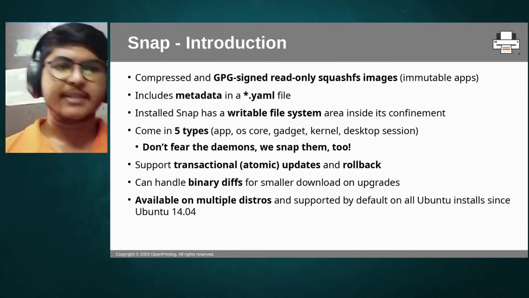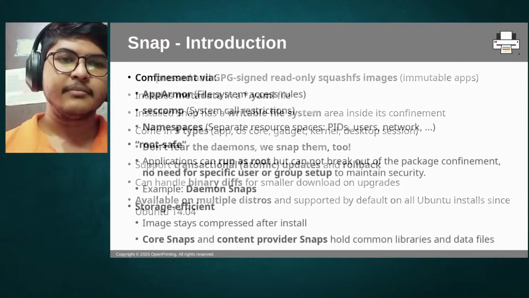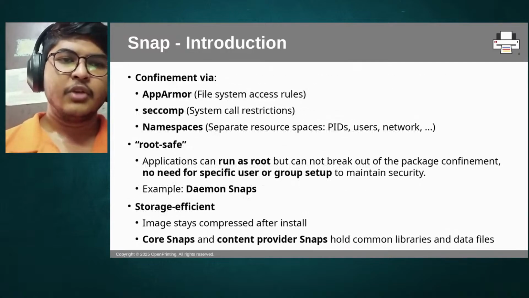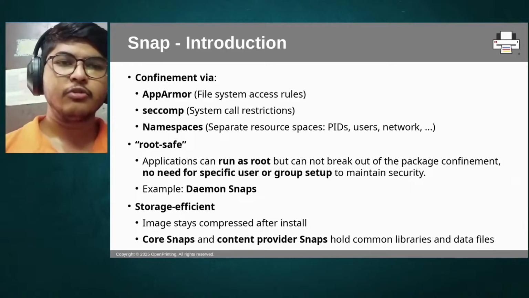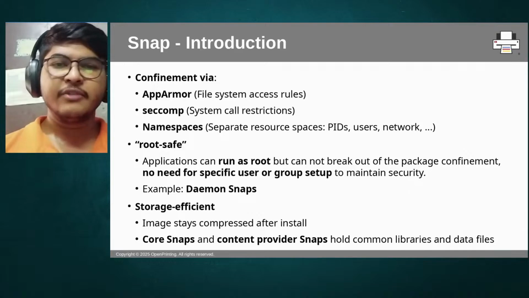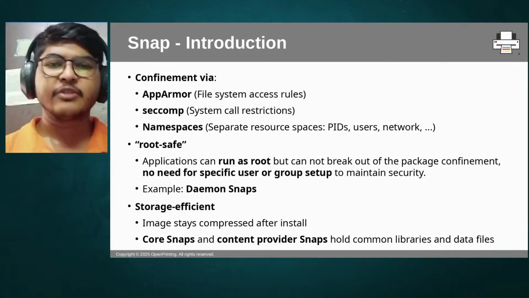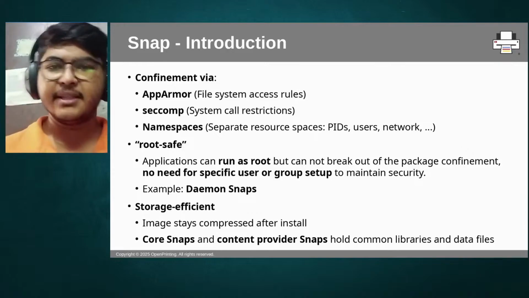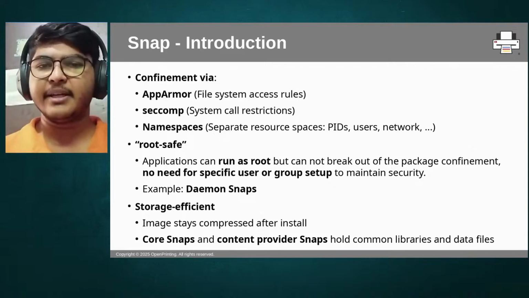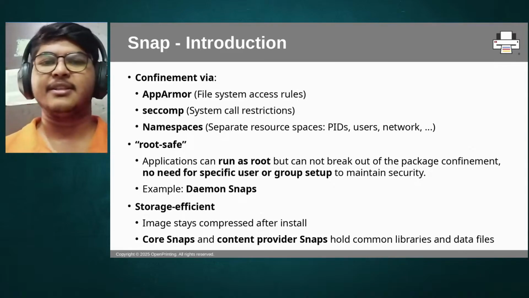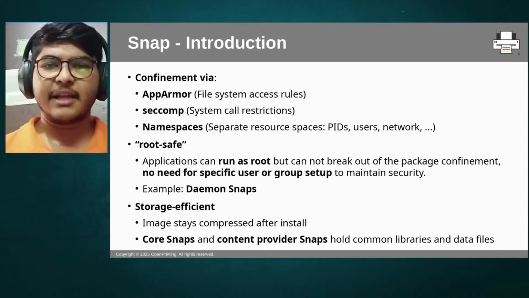Next slide, please. So how the snap confinement works, like how snap is able to confine all the files and all. The first layer of confinement is AppArmor. That's where all these rules of reading this file, accessing this debug, or accessing this binary, or accessing something from the system is permitted, or given.